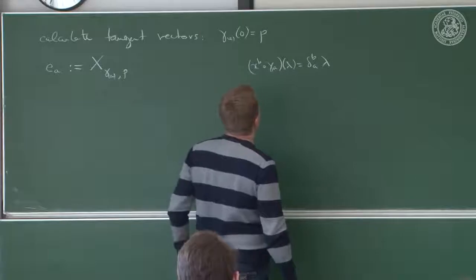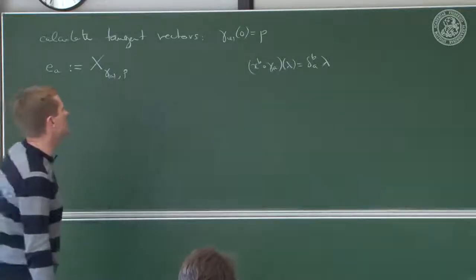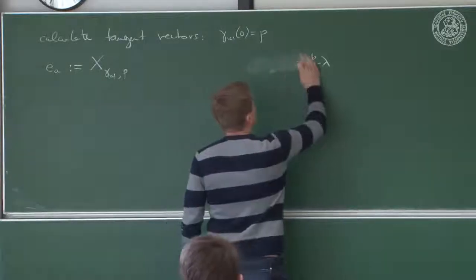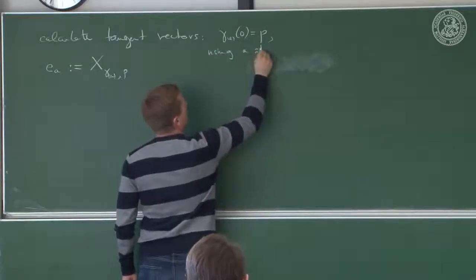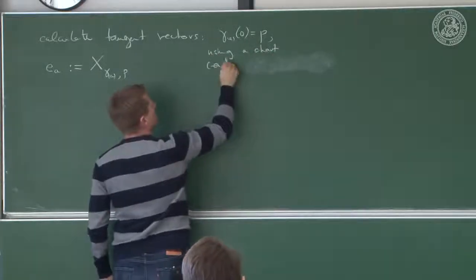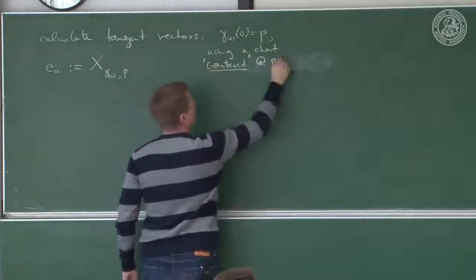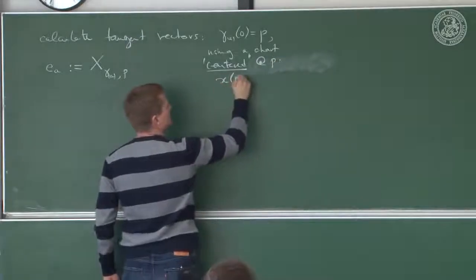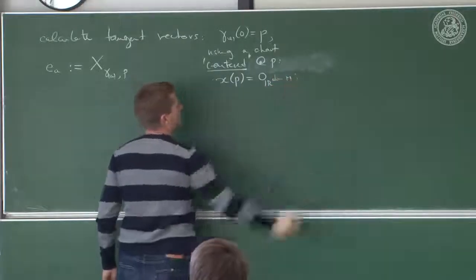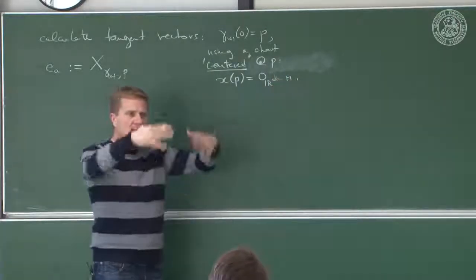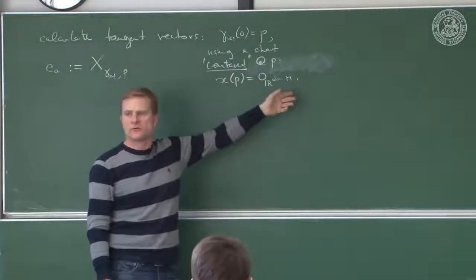Ah, okay. I should have written that I choose a chart centered at P, and this centered means simply that the x of P is the 0 in R^dim V. So that the point P at which I have the tangent space gets the coordinates 0, 0, 0, 0, 0 in this chart.